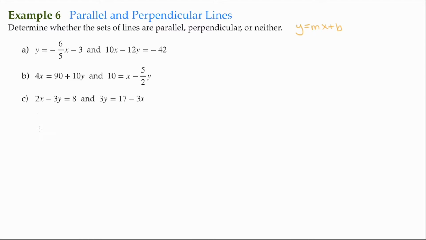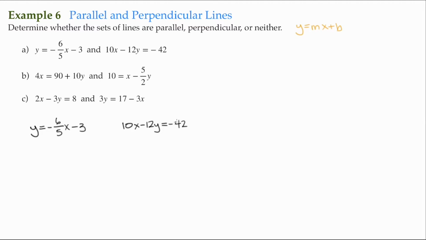So I'm just going to write them here. So we have y that's equal to -6/5 x minus 3, and we could see right here, here's the slope of this line, -6/5. But this particular line, 10x minus 12y, that's equal to -42, that's in standard form.